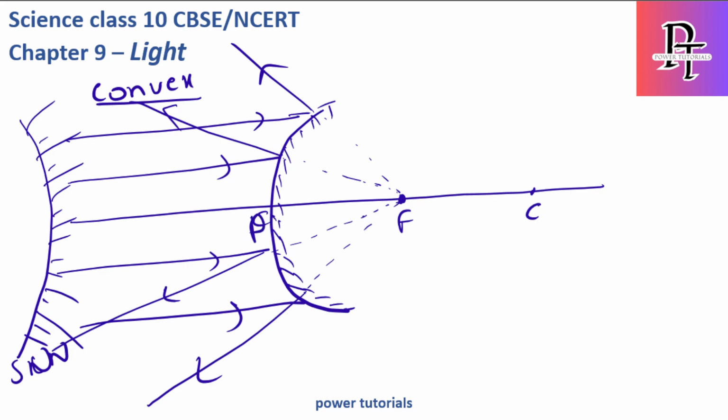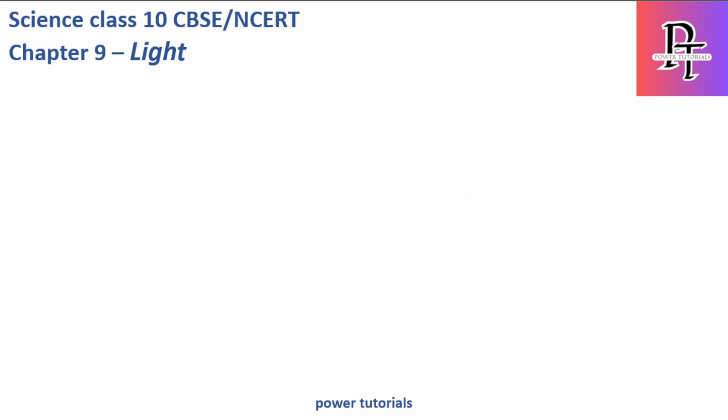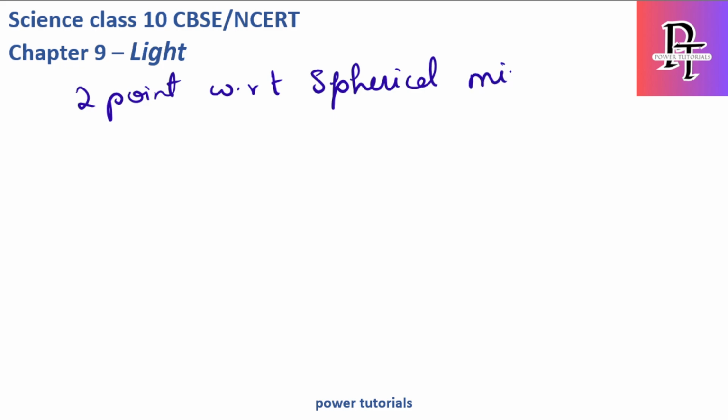Okay, so we have to remember some points with respect to spherical mirrors for ray diagrams. I think three points. So what are those?